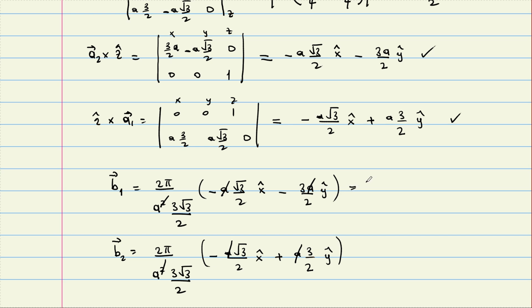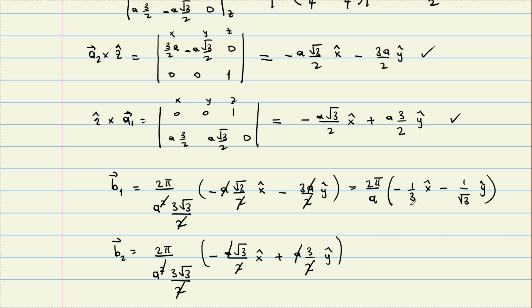Let me write this as 2 pi over a. These two cancel, these two cancel, and it's going to be minus 1 over 3 x hat minus 1 over root 3 y hat.